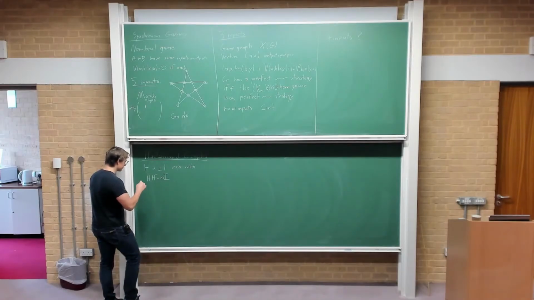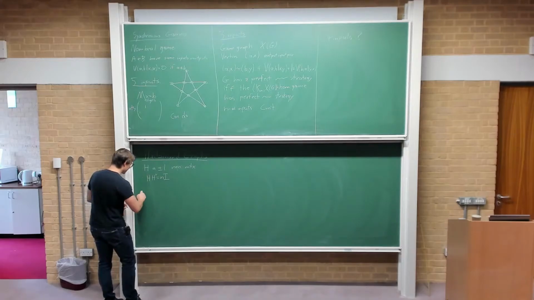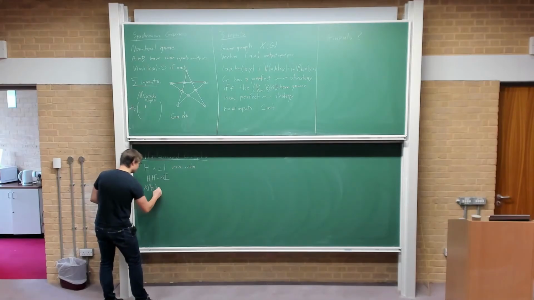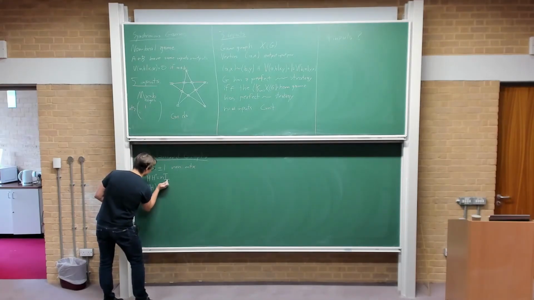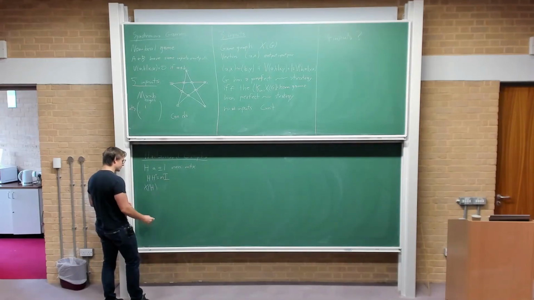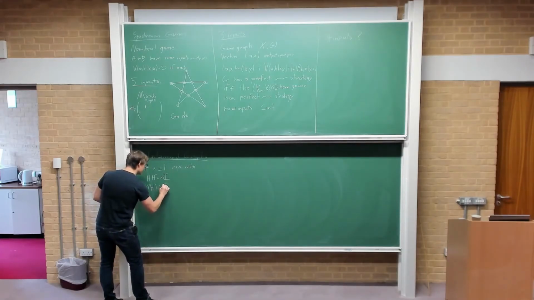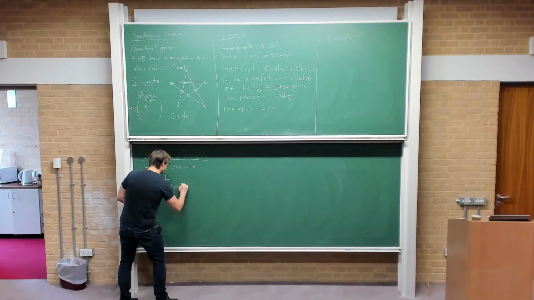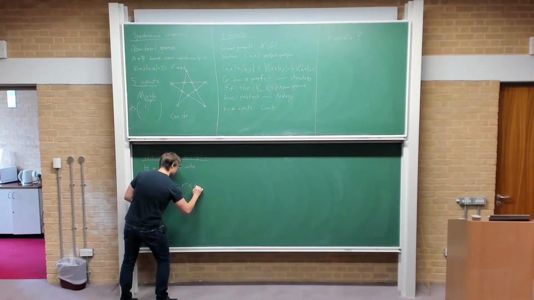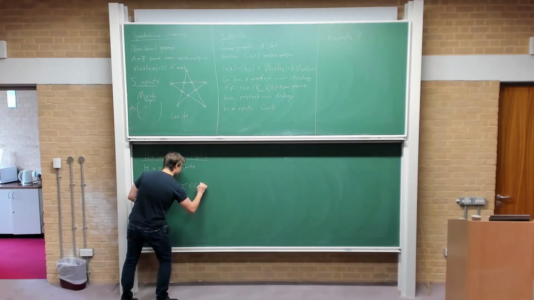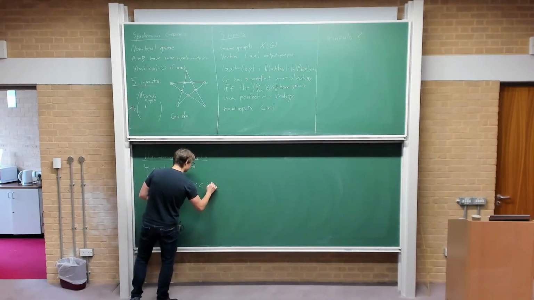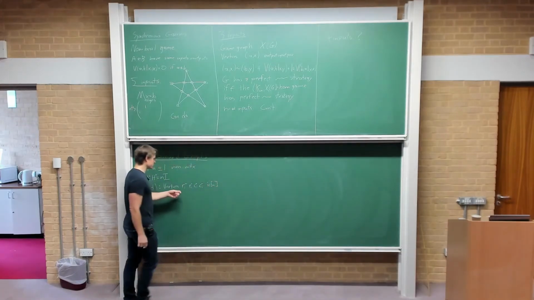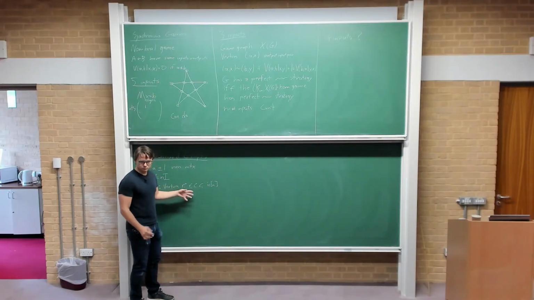So why do I care about these? Because I can build a graph from this, which I'll call X of H, the Hadamard graph. So what are the vertices? They're these symbols: r_i plus, r_i minus, c_i plus, c_i minus, where i is from 1 to n, standing for row i and column i.